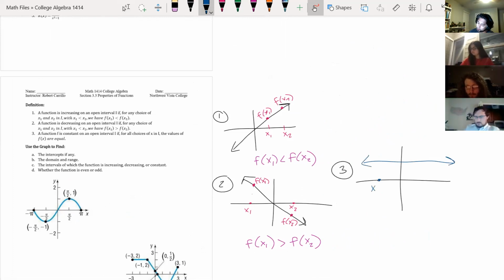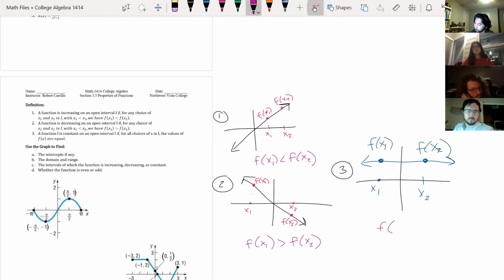You would have x1 here, x2 there, where the y values would not change, meaning the y value of x1 would be equal to the y value of x2. That's it. So those graphs represent those definitions.